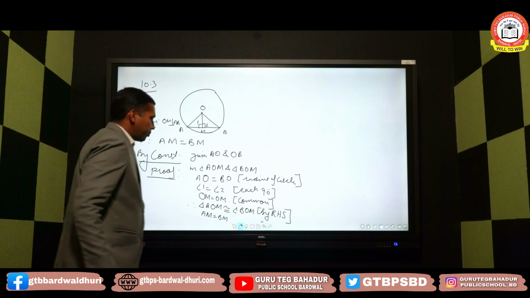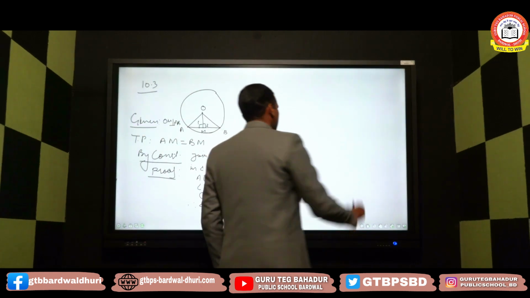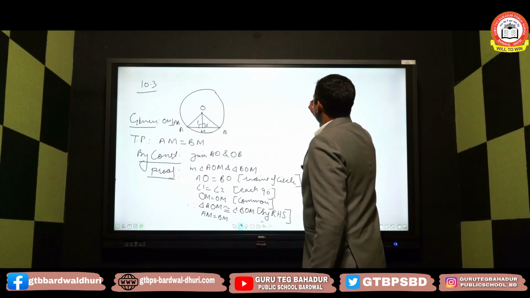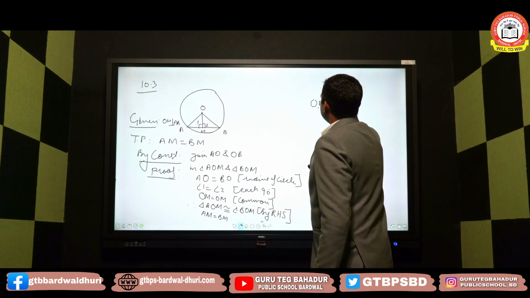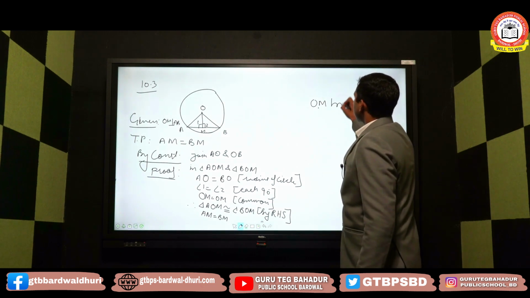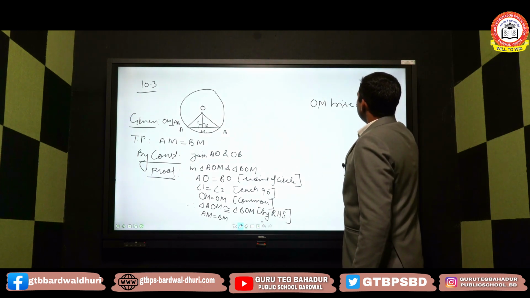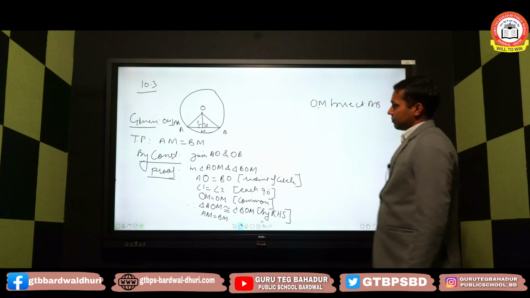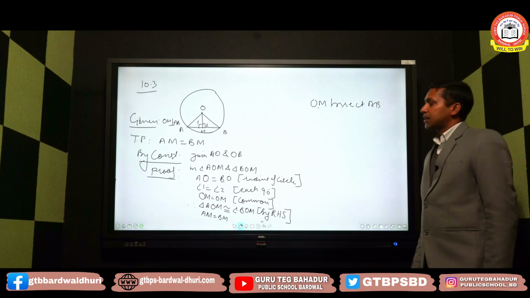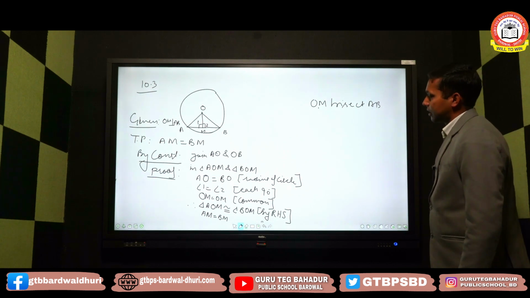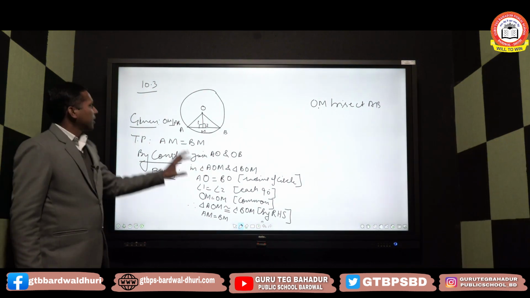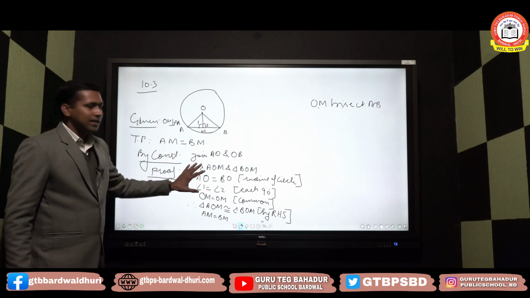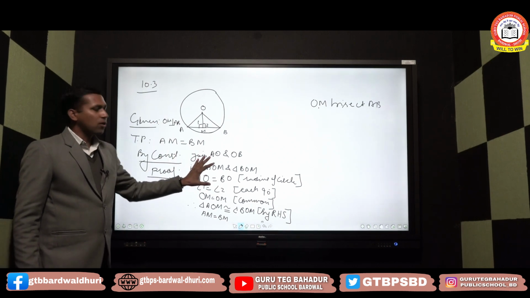If AM is equal to BM, then we can write, yes, OM bisects AB, or a line from the center of the circle which makes a right angle with the chord definitely bisects the chord. Okay, so for today that's all, and the remaining part we will continue next time.